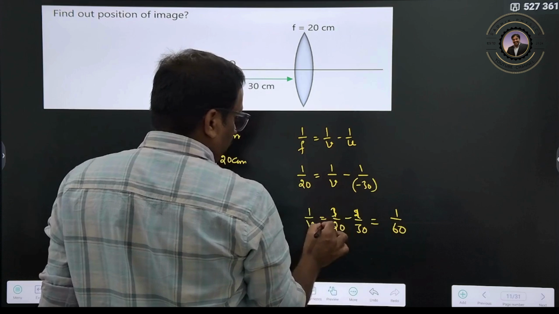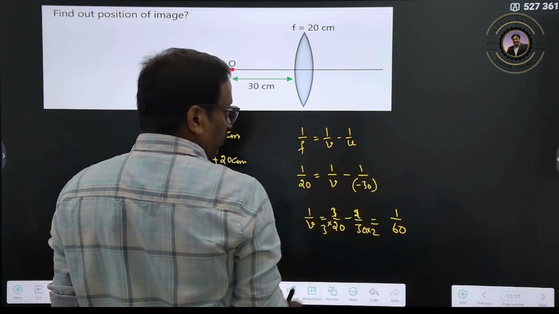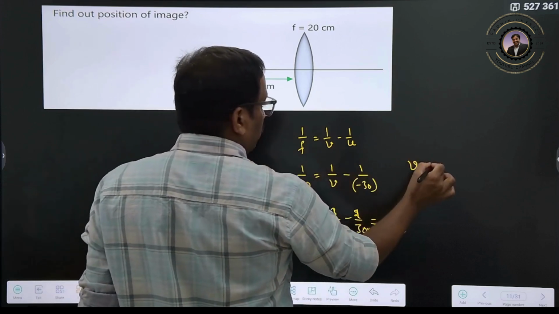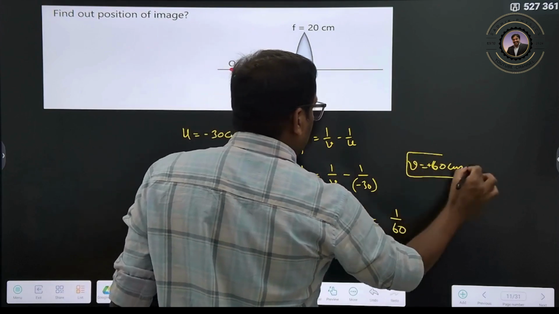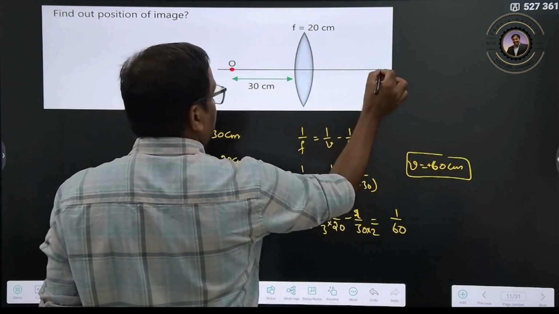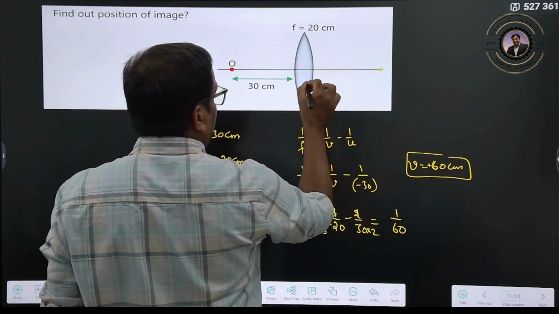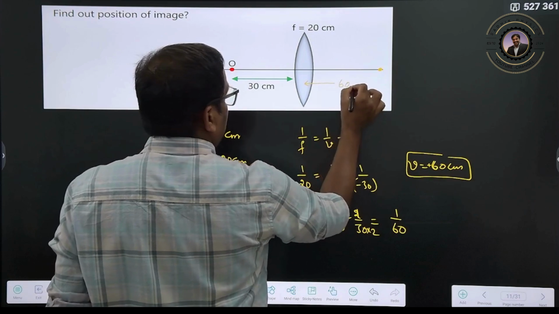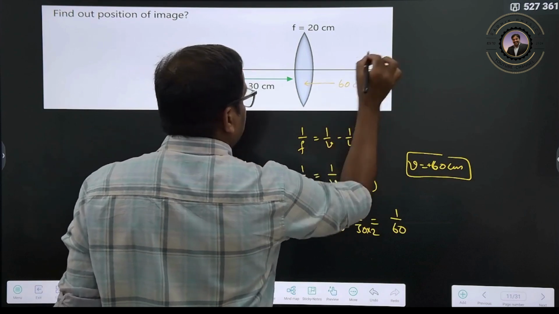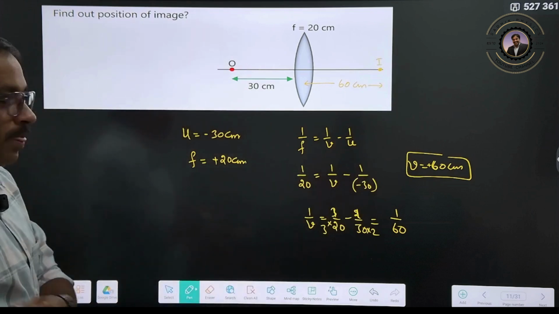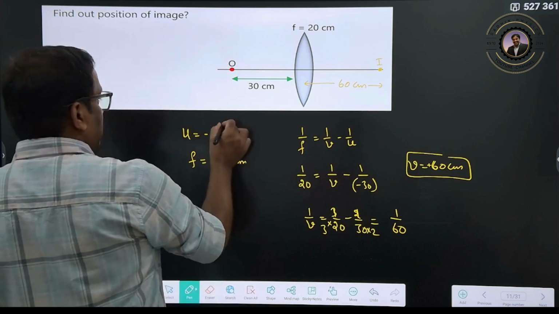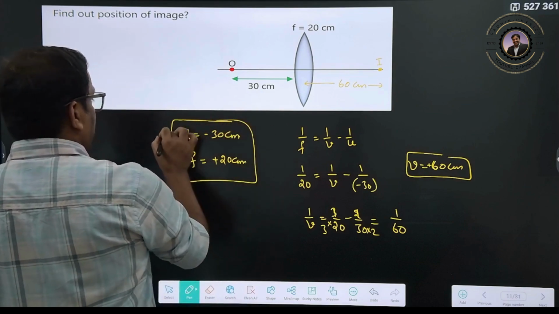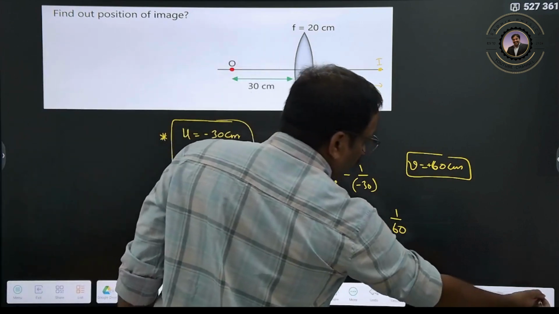Therefore v is equal to plus 60 centimeter, so the image is created here at 60 centimeter. Clear? Following the sign conventions is very important. One more question.